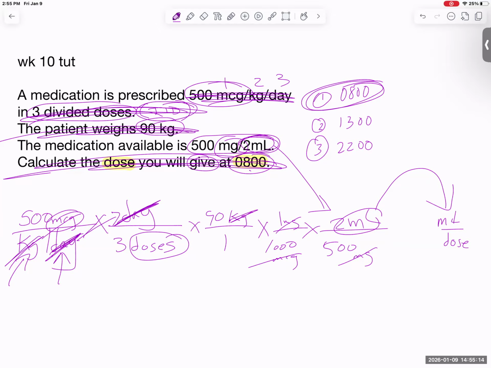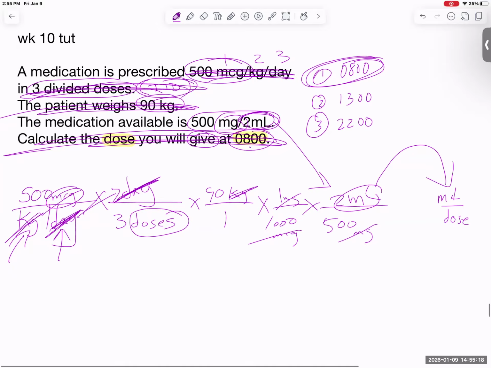So now when you do the math on this enormous question, does anybody have the answer? Well, let's do it together then. 500 times 90 times 2 is, what is that, 90,000?